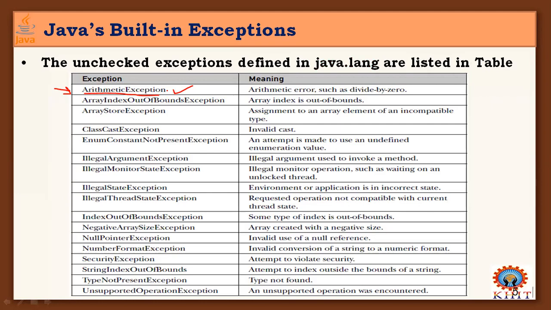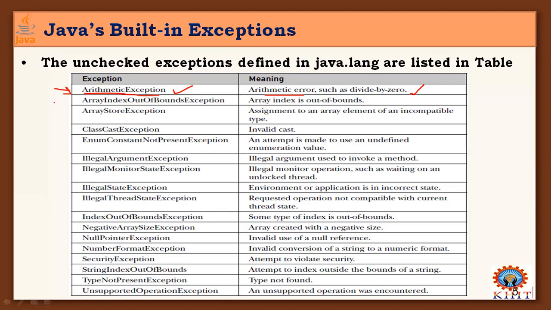Exactly this is the statement used in your program to handle this type of exception. These are the list of classes, and we call these unchecked exceptions. ArithmeticException covers arithmetic errors such as division by zero. When we divide anything by zero, we get infinity values, so we consider that case an arithmetic exception.